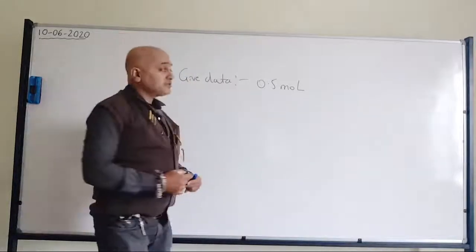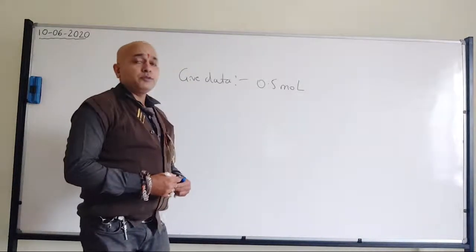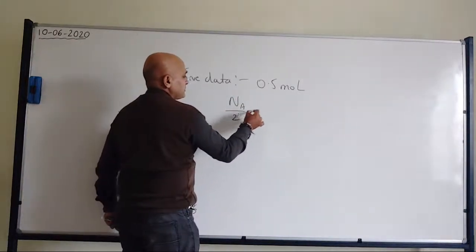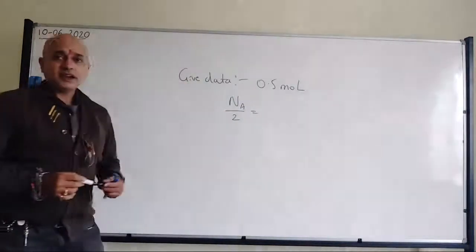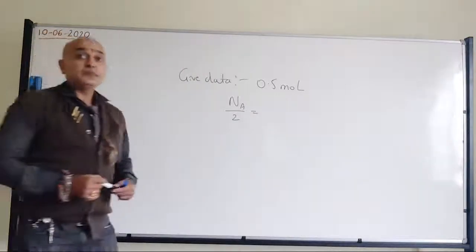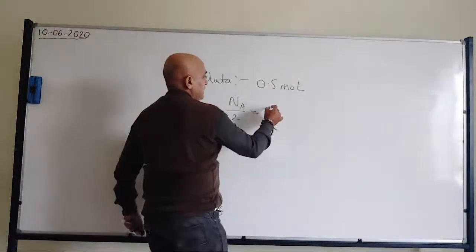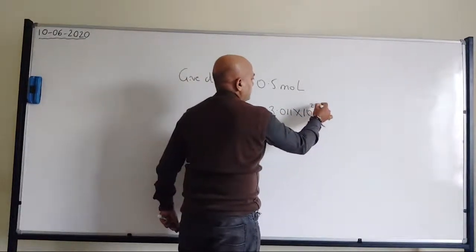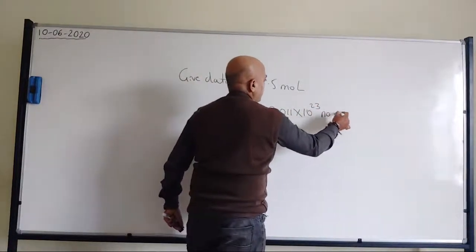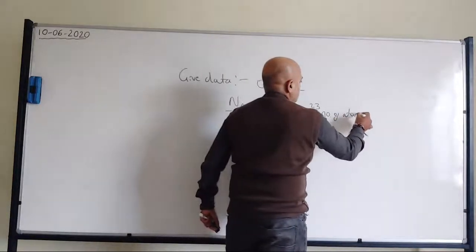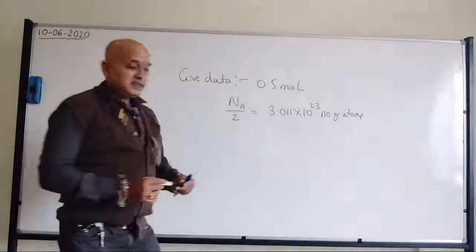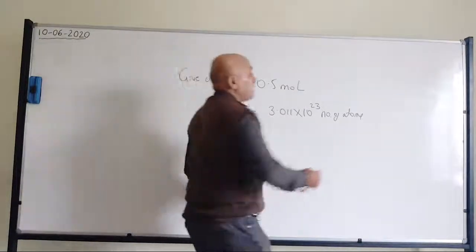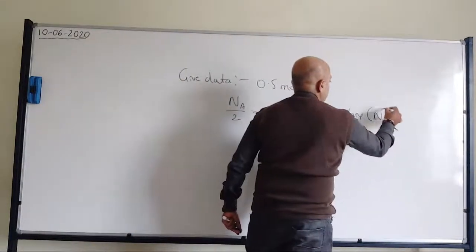So it is understood that when I am talking about 0.5 mole, it should be half of Avogadro's number, because 1 mole is Avogadro's number. That is 3.011 x 10^23 number of atoms. So we are dealing with 3.011 x 10^23 atoms, which we have assumed as n.